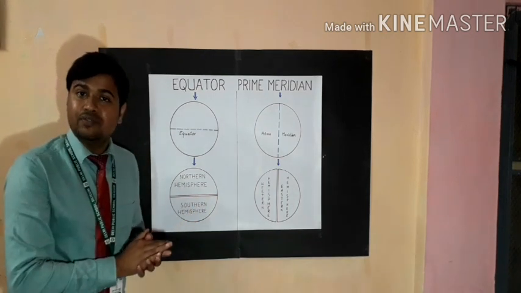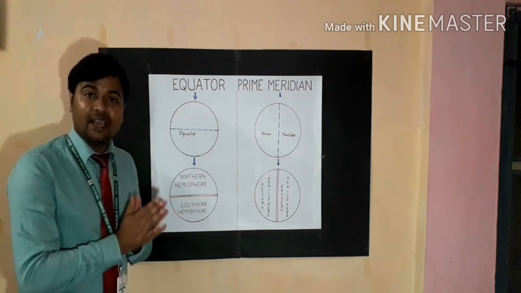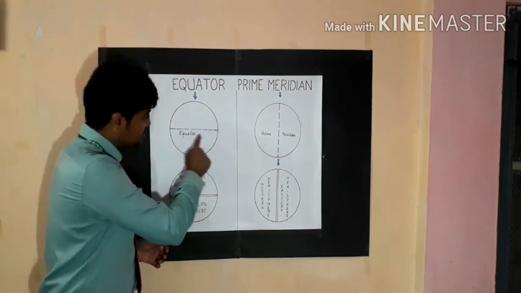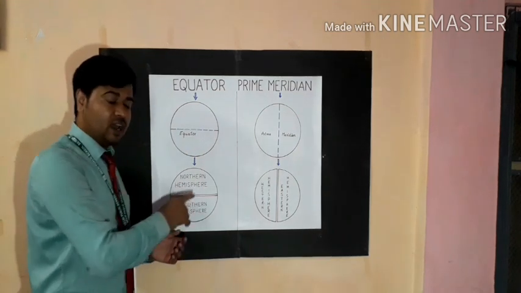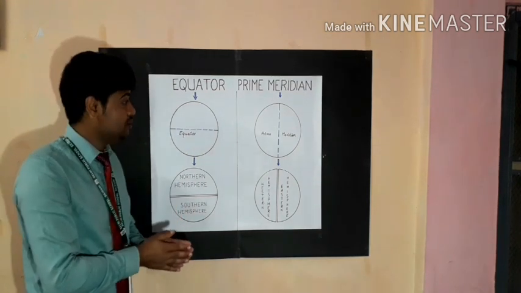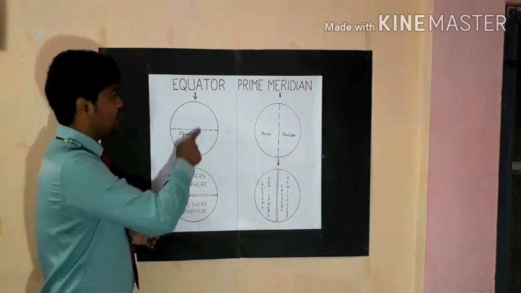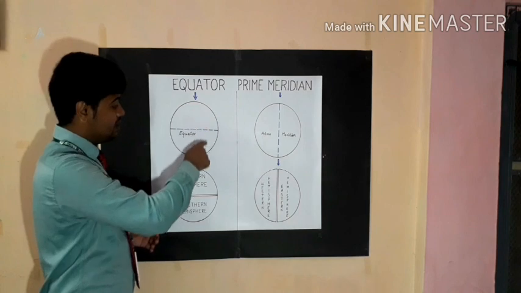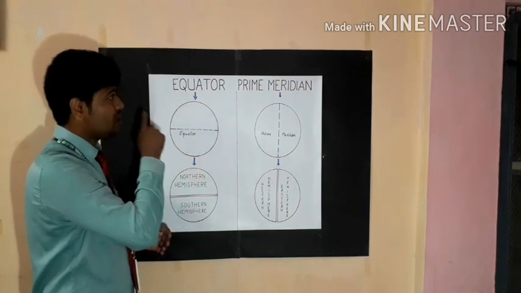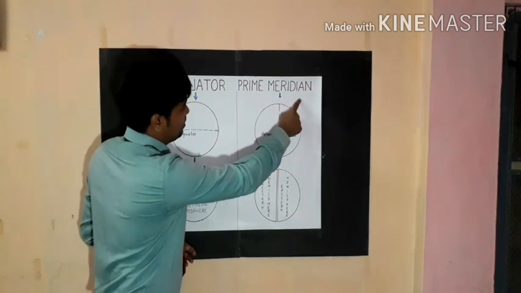So what is equator? Equator is an imaginary horizontal line which divides the earth into two hemispheres, and it is equidistant from North Pole and South Pole.